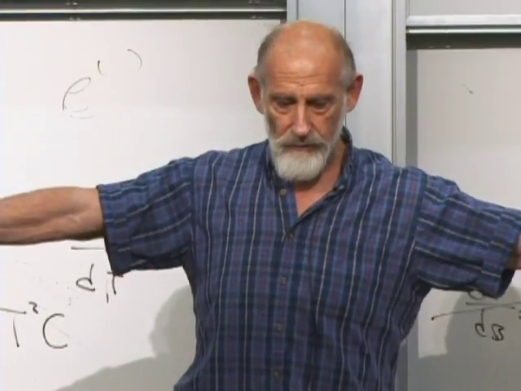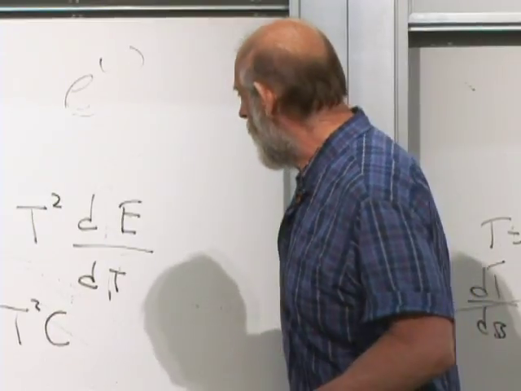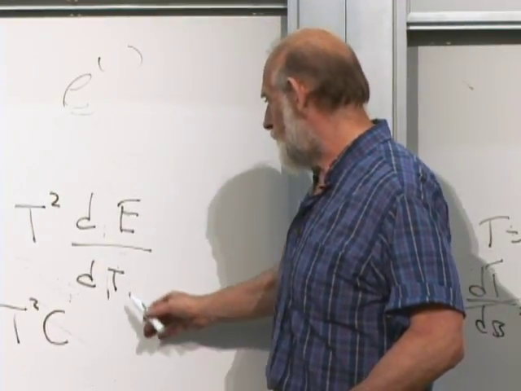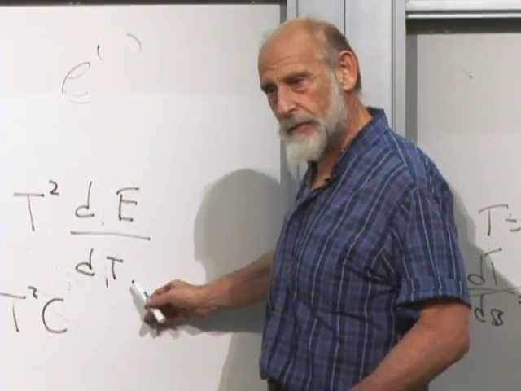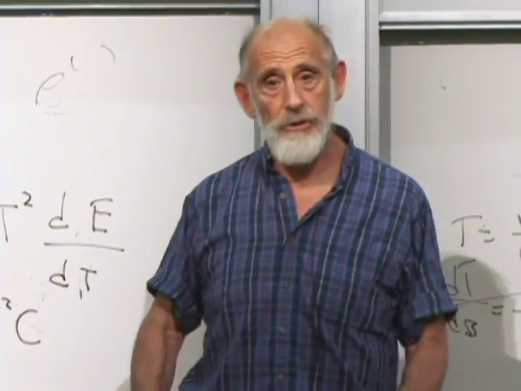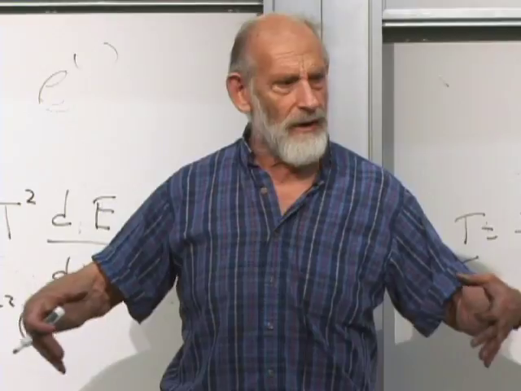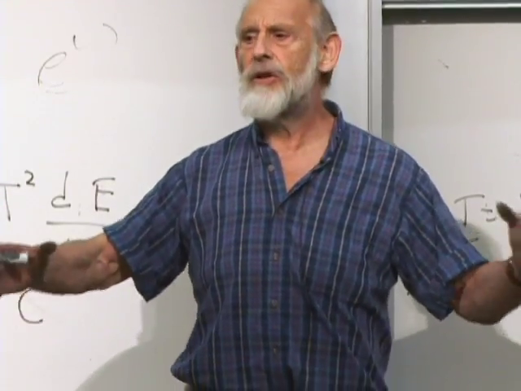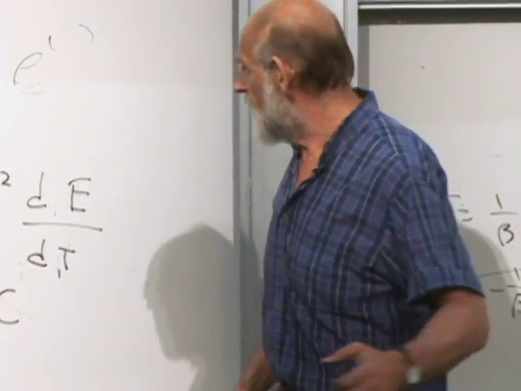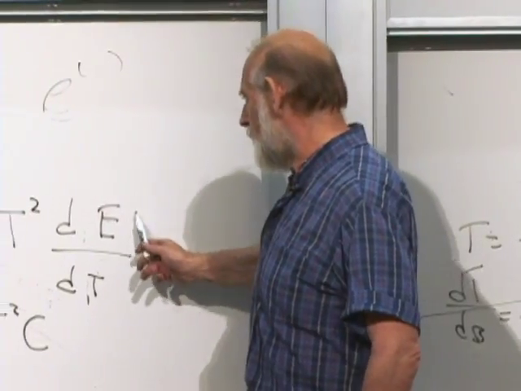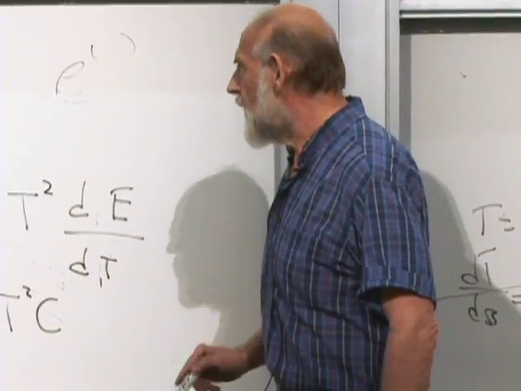The bigger the system, the heavier the system, the more energy you have to put in to change the temperature by a given amount. In fact, the heat capacity is proportional to the mass of the system, depending on what you use. Let's just say the number of particles in the system. So the right-hand side here is proportional to the number of particles.